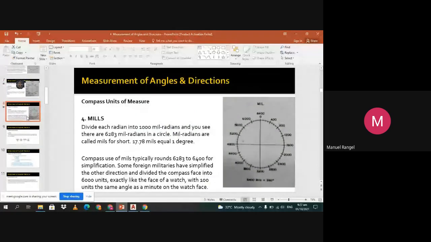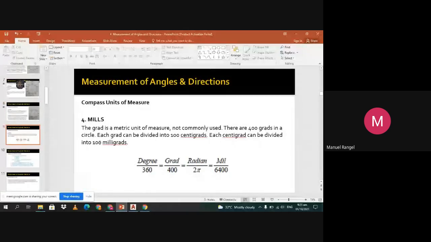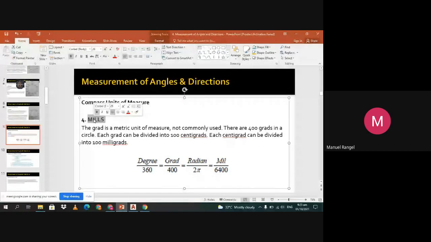Then another unit is the mils. Each radian is divided into 1,000 milliradians, and you see there are 6,283 milliradians in a circle. So it is approximated to 6,400. Okay, so the grad is a metric unit of measure not commonly used.